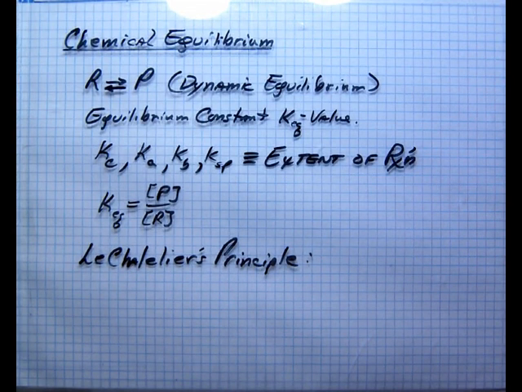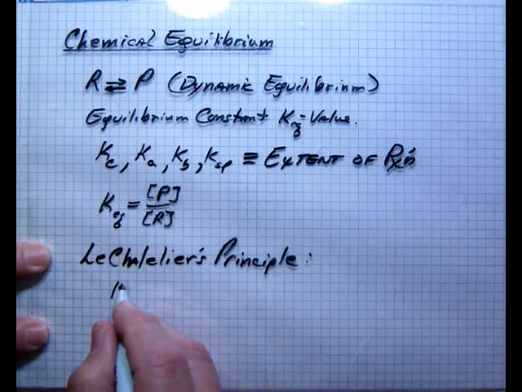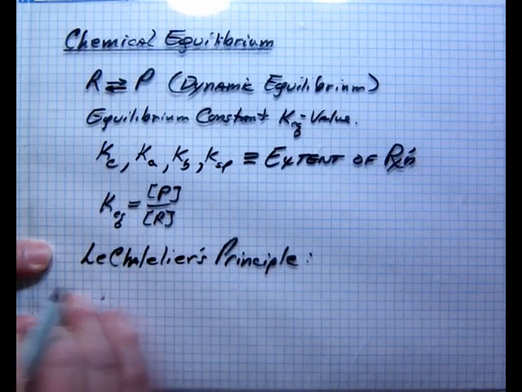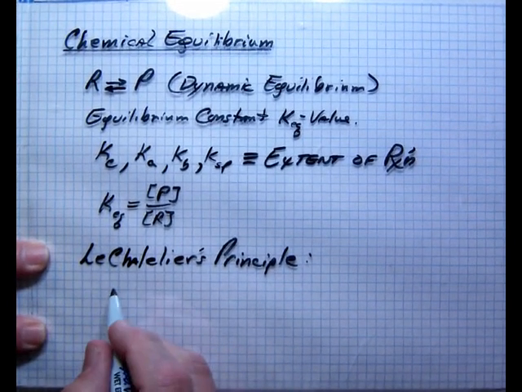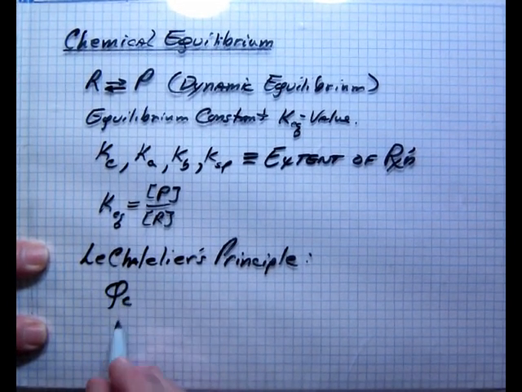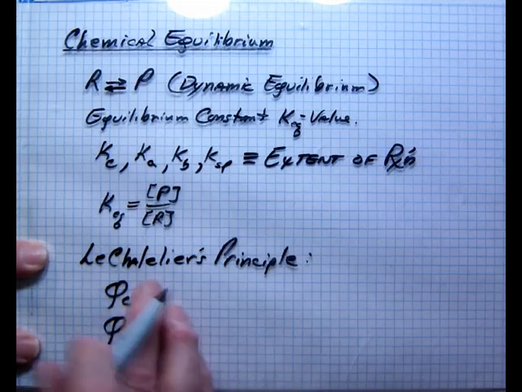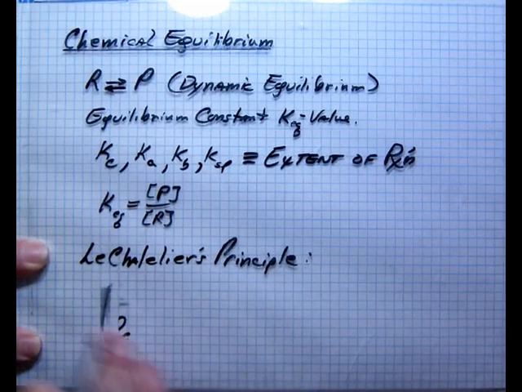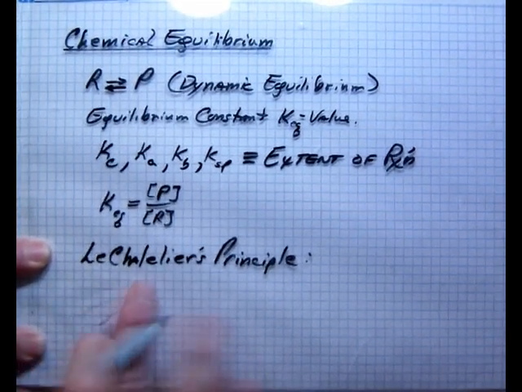Now, we looked a little bit at this in terms of calculating a Q value and a K and comparing it to the equilibrium constant that's under certain conditions. And if we have a Q value calculated, now I want to do it K first, not Q. Start that over.